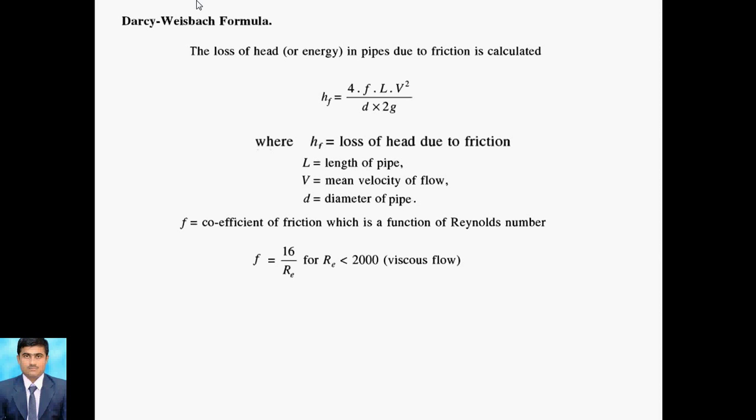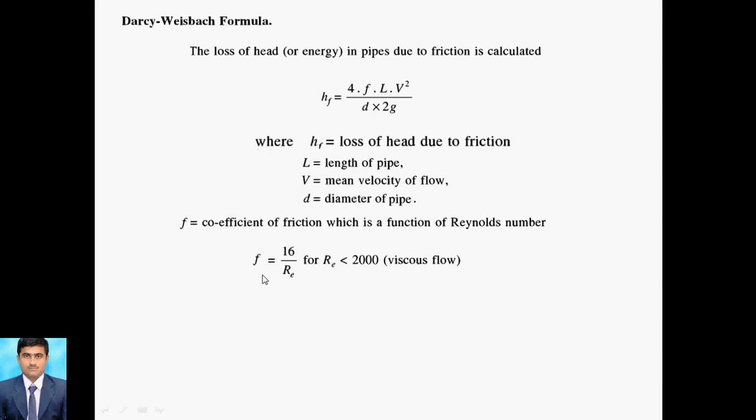Now small f is equal to 16 by Re. Whenever you require this f, we can use f is equal to 16 by Re, where Re means Reynolds number. If the Reynolds number is less than 2000, then this flow is called viscous flow.